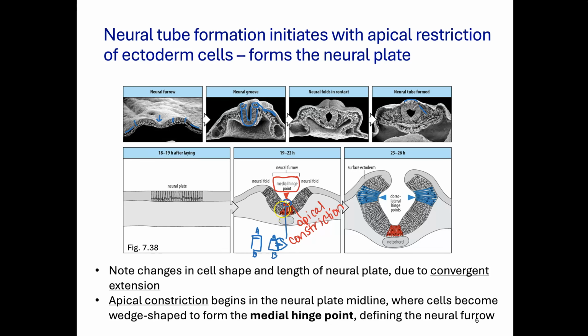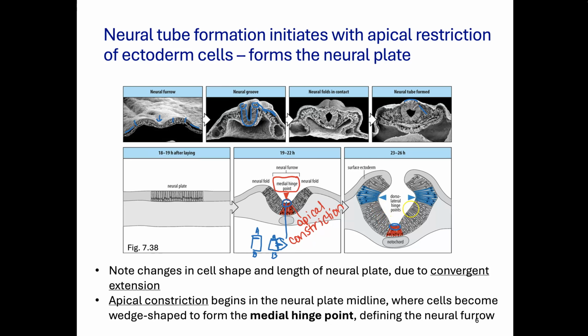Now, one or two cells isn't going to do it. See how narrow the cells are across here, and the actual difference between the apical and the basal sides is really small. So this is greatly exaggerated. It's just a little bit narrower. But when it happens with lots of cells, you can start to see the effect it's having. And then there's a second event.